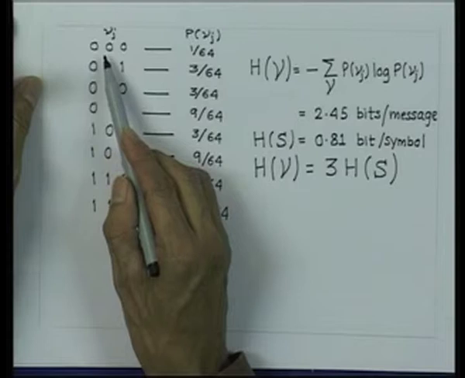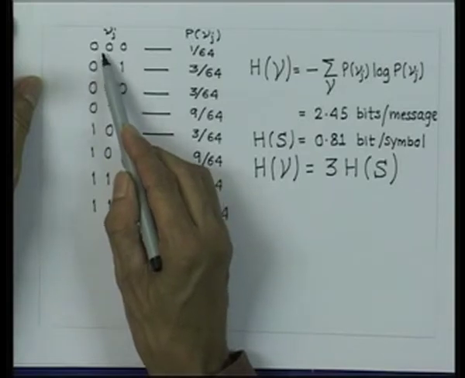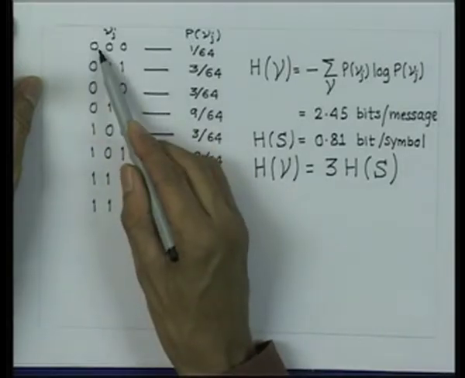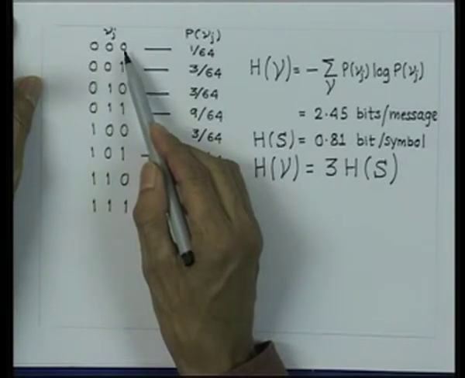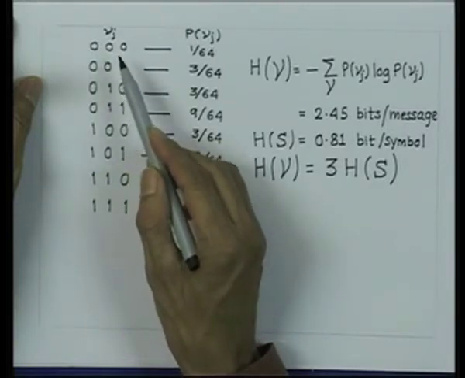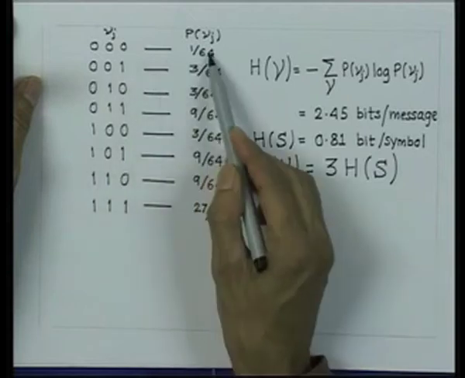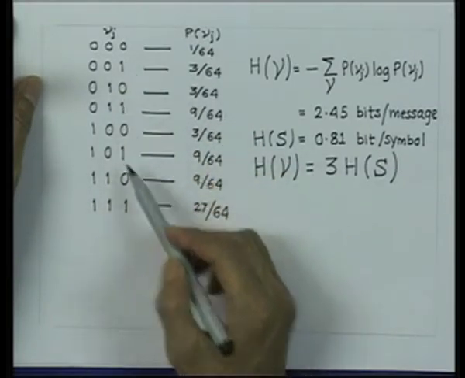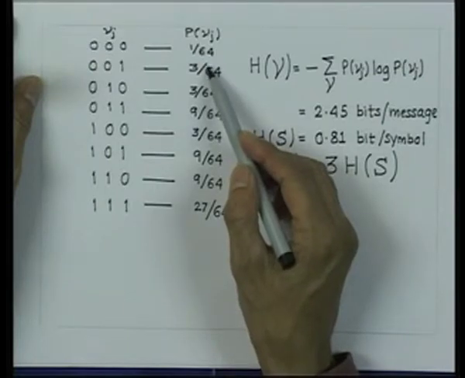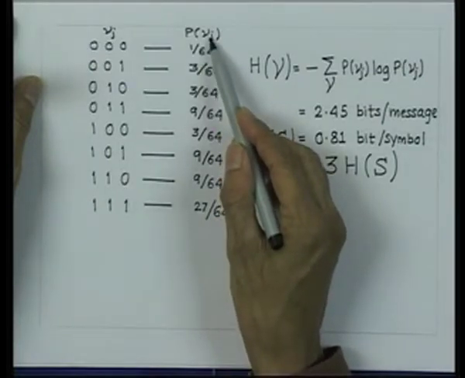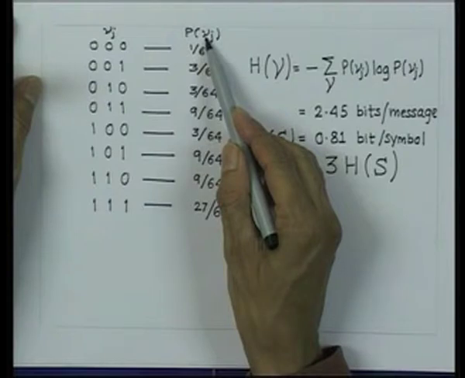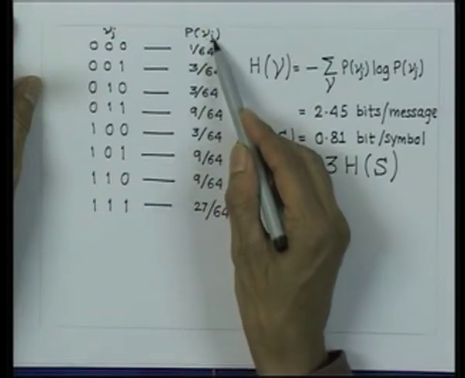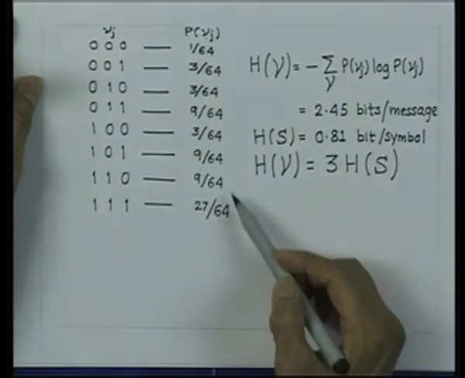If I assume that my symbols are independent, then the probability of getting 0 0 0 is nothing but 1/4 multiplied by 1/4 multiplied by 1/4, and that gives 1/64. Similarly, I can find out the probabilities of occurrence of these messages, which I call Vj, where j ranges from 1 to 8.